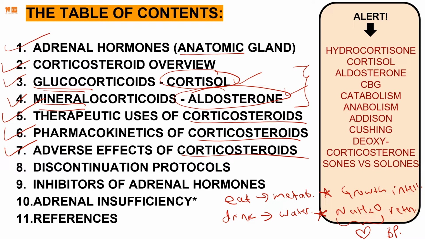And I say natural because there are synthetic versions as well. We'll get to that in the later slides. Then a little short note on discontinuation protocol, because again, synthetic corticosteroids can be given for treatments, but then we have to discontinue them. Otherwise, their therapeutics and pharmacokinetics will go overboard.